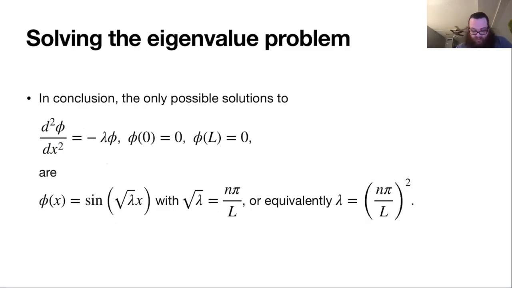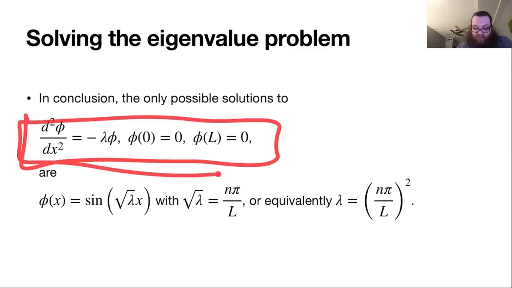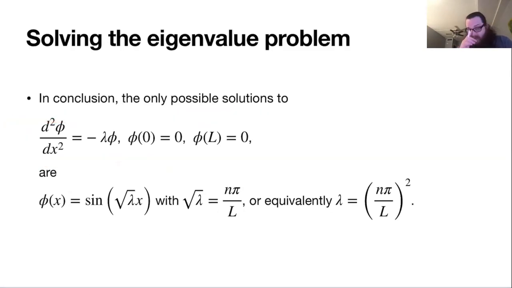So in summary, the only possible solutions for this boundary value problem ODE are phi of x is sine of root lambda x, and we're ignoring the constant because it doesn't actually matter for qualitatively seeing what the solutions are.